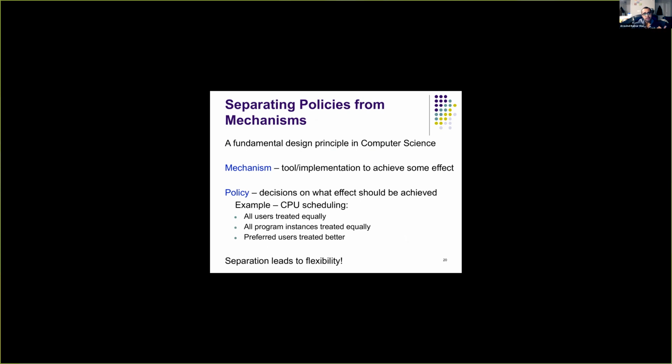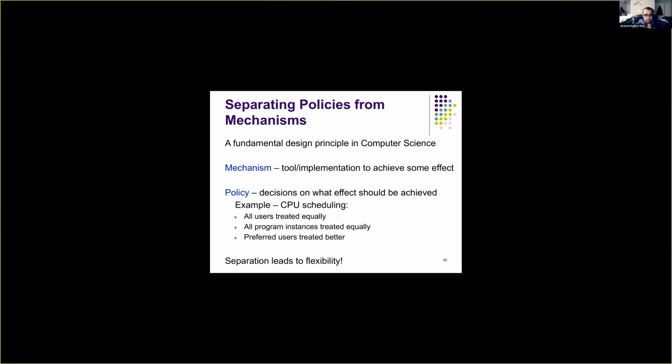And the way operating systems achieve this is there is a fundamental design principle in computer science which says to separate mechanisms from policies. So we can think of mechanism as the hardware and policy as a task that needs to be done by the process, or that needs to be done by the user.